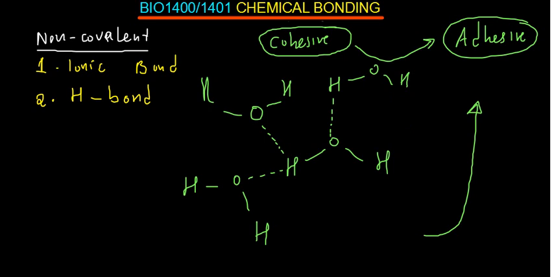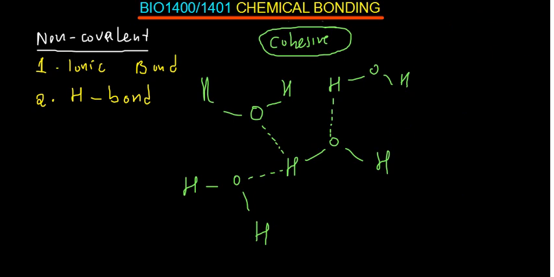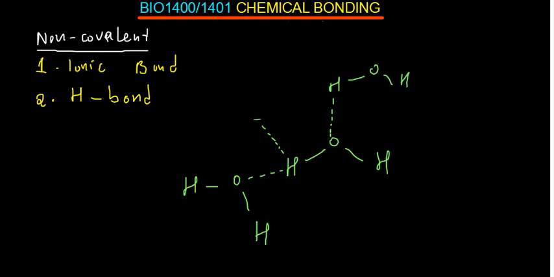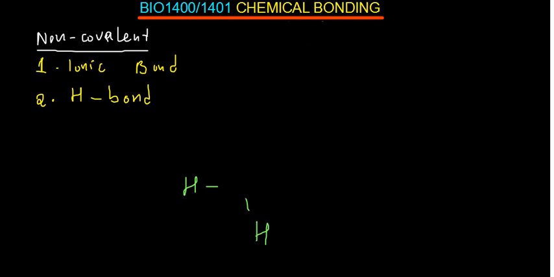So water has a polar covalent bond and also hydrogen bonds. So water can actually form hydrogen bonds with other molecules like carboxylic acids and alcohols, as long as you have got anything like a fluorine.